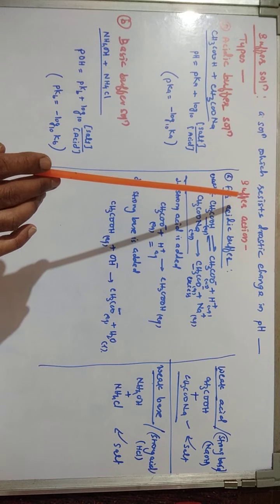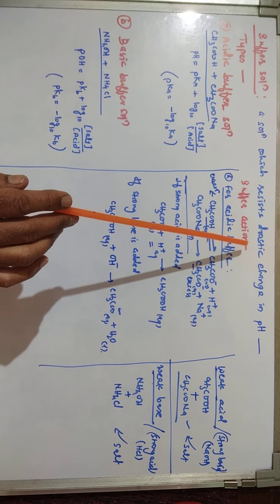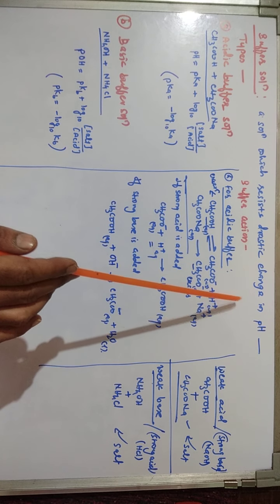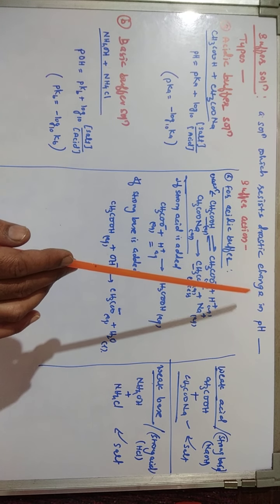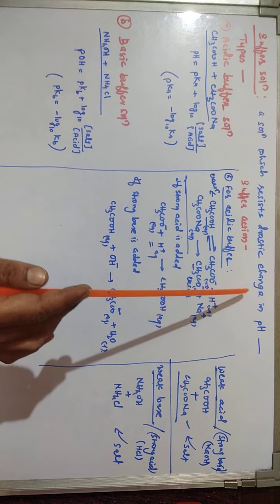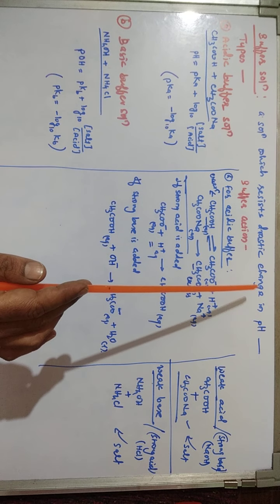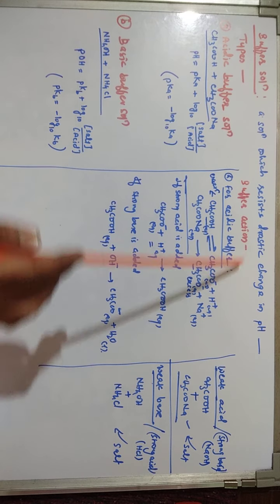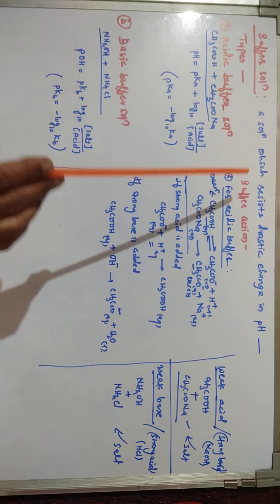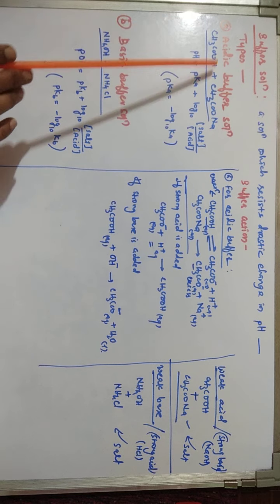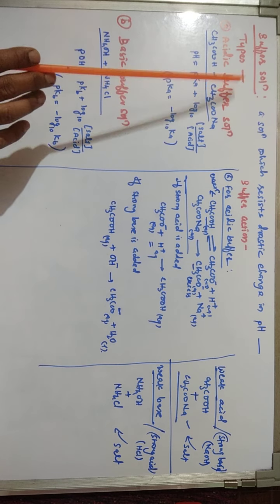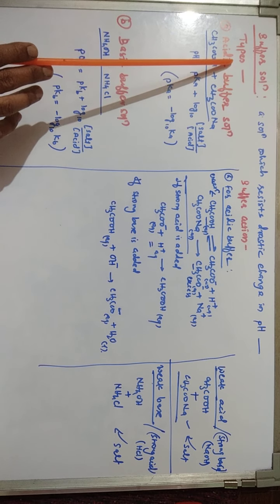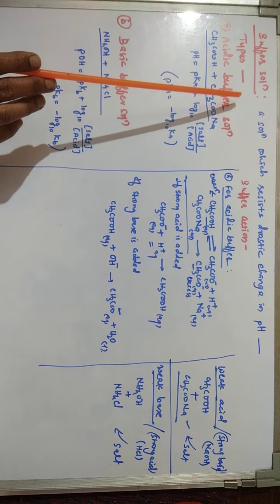It is defined as the solution which resists the drastic change in pH even when a small amount of strong acid or strong base is added, and there is no change in pH after dilution also. That type of solution is called a buffer solution. Now, there are two types of buffer solutions.